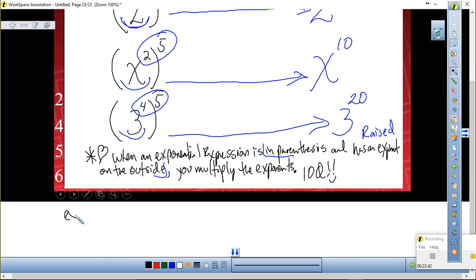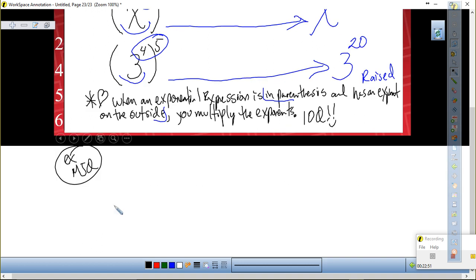Example: parentheses, a to the 50th power, close parentheses, to the 4th power.